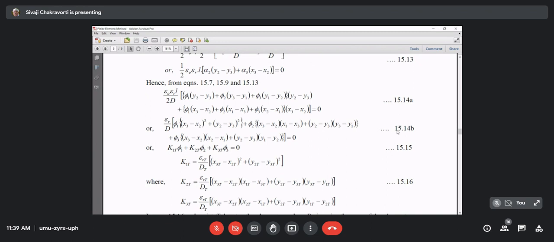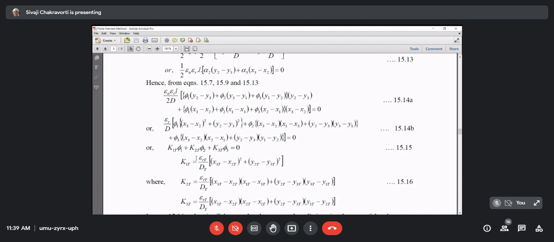Now, since the right hand side is 0, epsilon 0 being a pure universal constant, we are eliminating it. L is the length in the perpendicular direction, which is also not 0, so we are eliminating it. 2 is a constant, we are eliminating it.